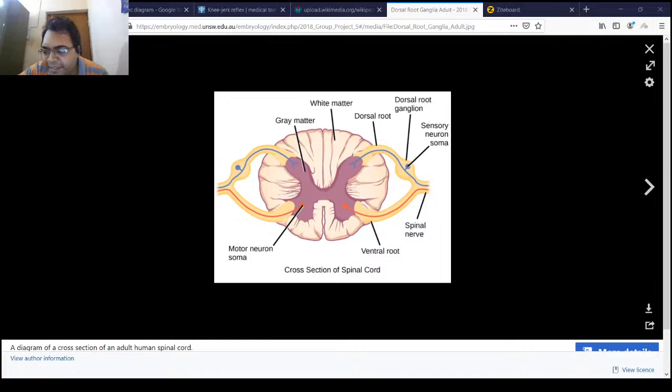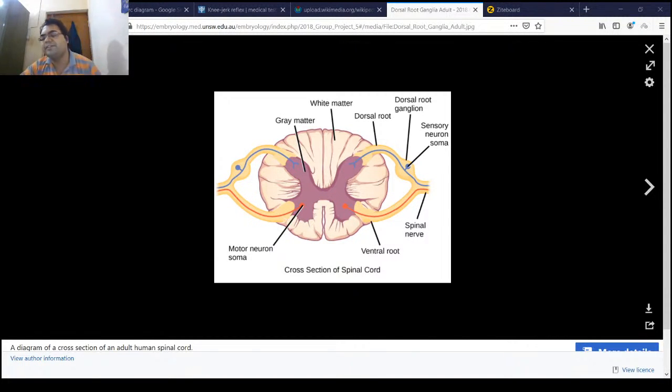So that is all that you need to know about the spinal reflex. So now we can talk about the next topic, that is known as neurotransmitters. Now, what are neurotransmitters?